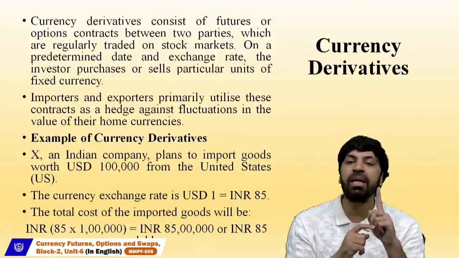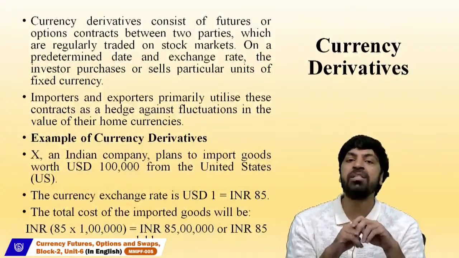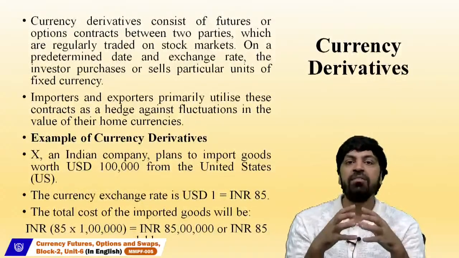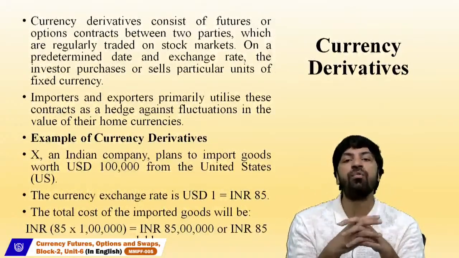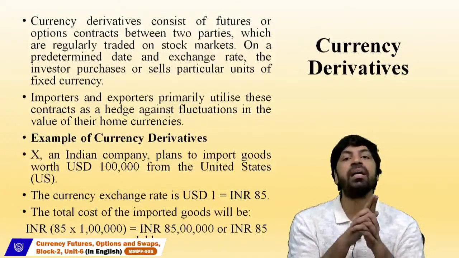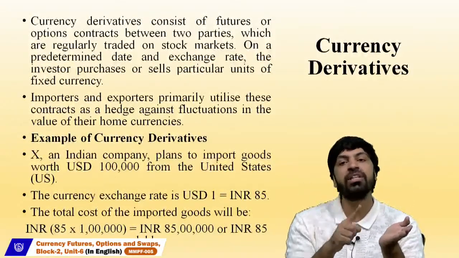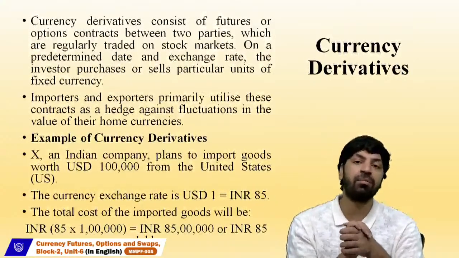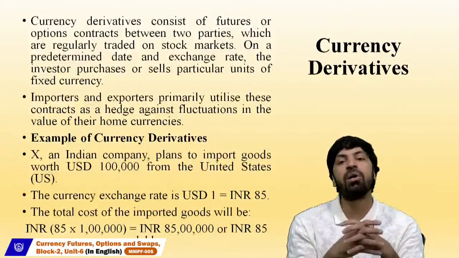So 1 lakh dollars into 85 rupees equals 85 lakhs. Here we have figured out the total cost of the imported goods will be 85 lakhs, when we multiply the 1 lakh, the cost in US dollars, by the conversion rate of 85 rupees.